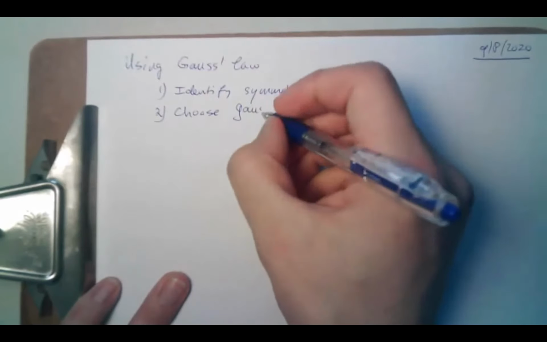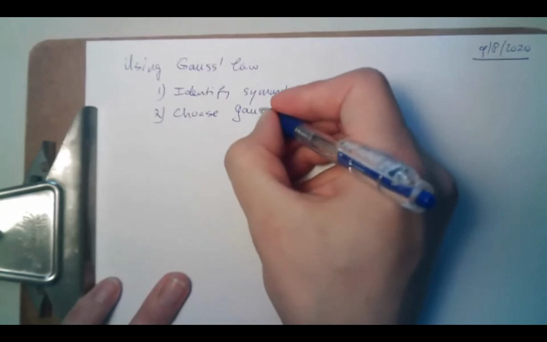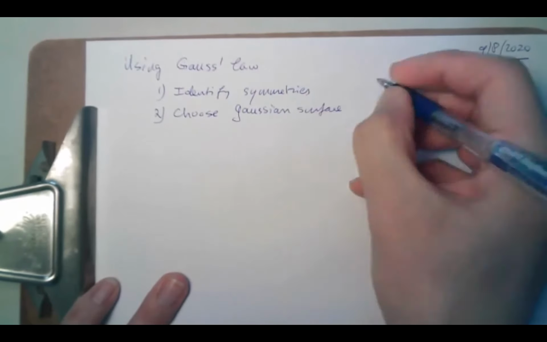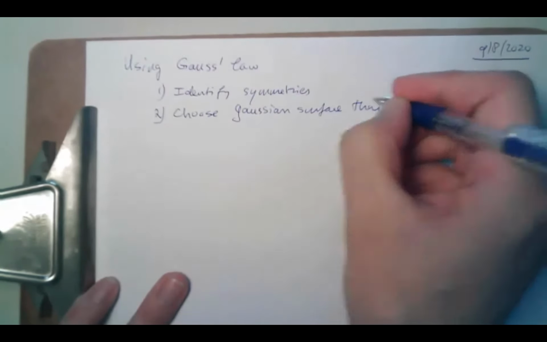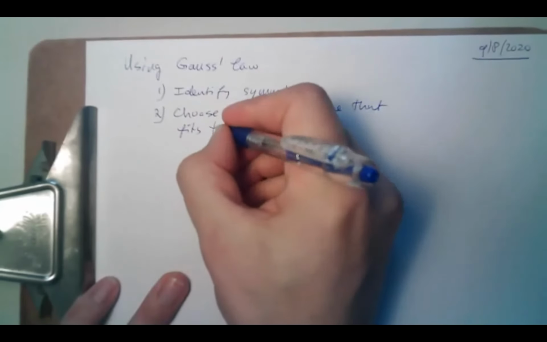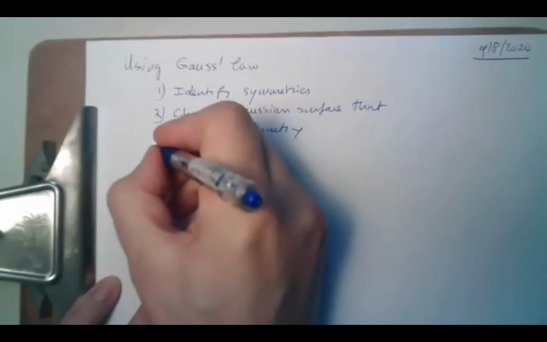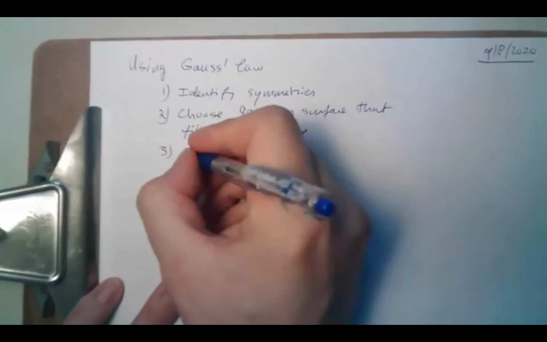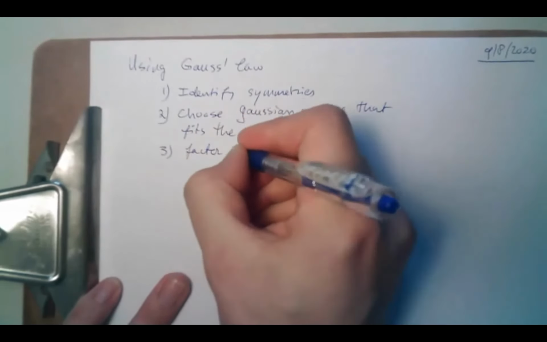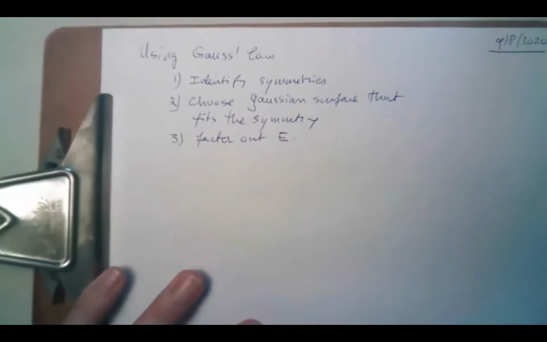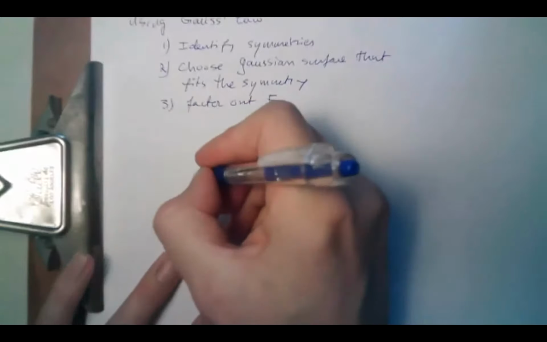I never know if that's supposed to be a capital G. Gaussian surface that fits the symmetry. Step 3, factor out E. And then you're done. So let's go back to the plane.